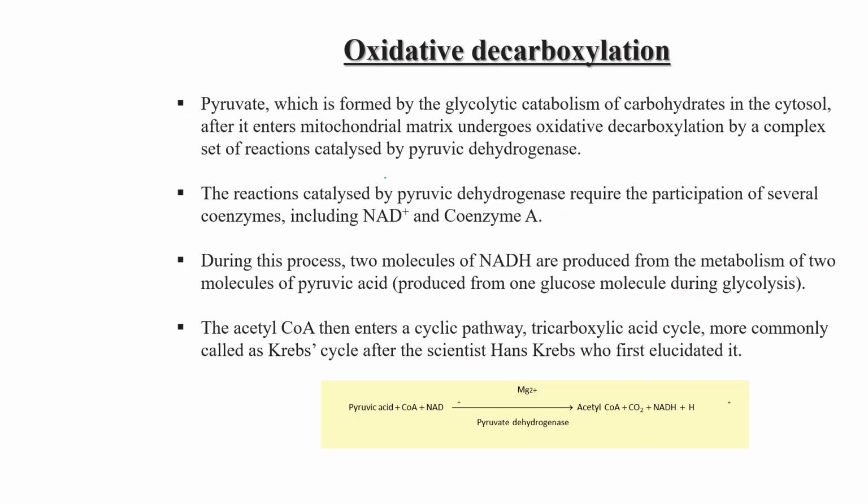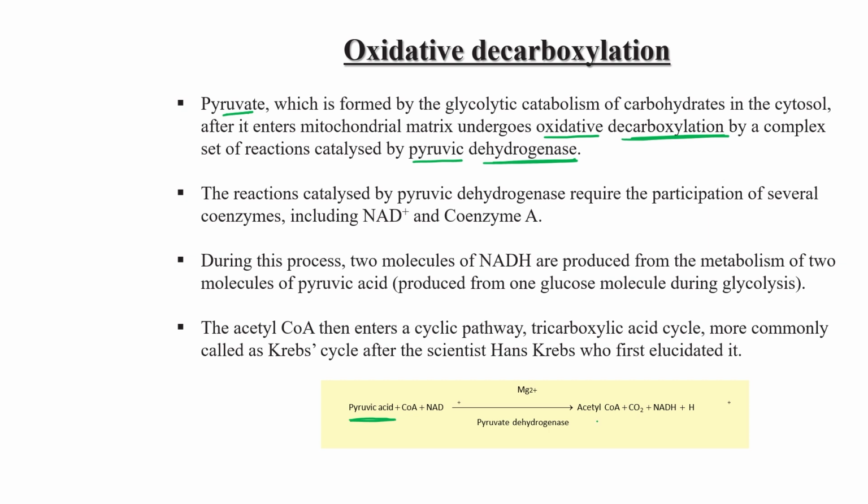And then this pyruvate, which is formed by glycolytic catabolism of carbohydrate in the cytosol or cytoplasm, after it enters the mitochondrial matrix, undergoes oxidative decarboxylation by a set of reactions catalyzed by pyruvate dehydrogenase. As you can see over here, this pyruvic acid is the last product of glycolysis.